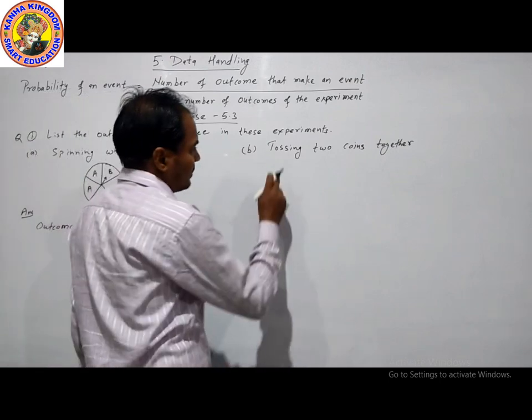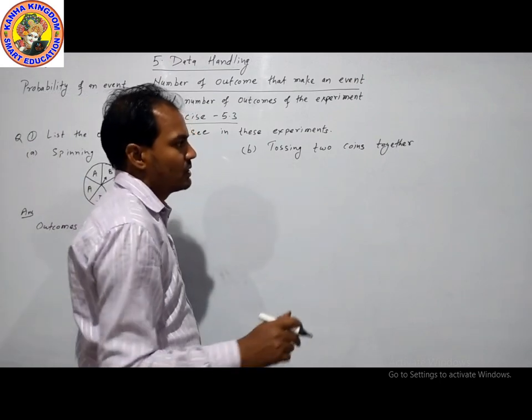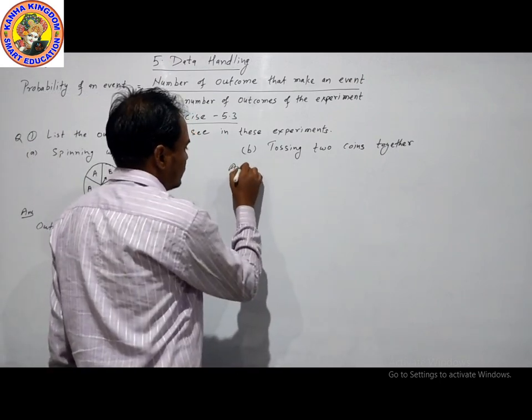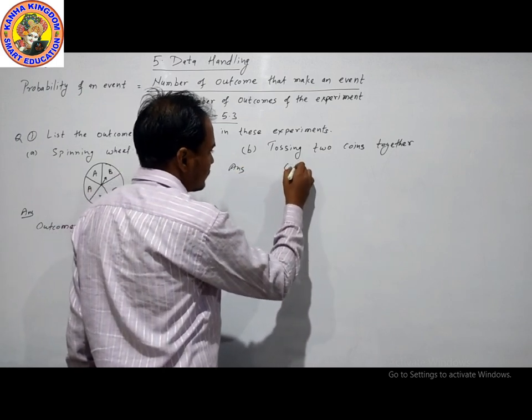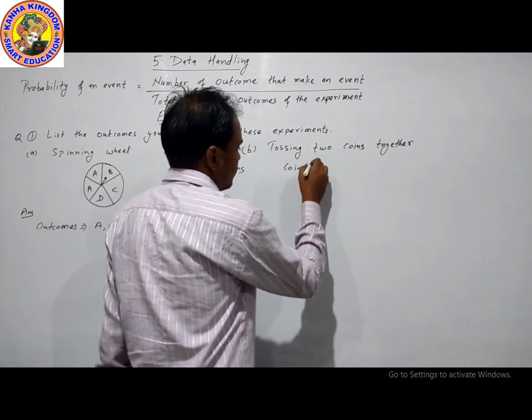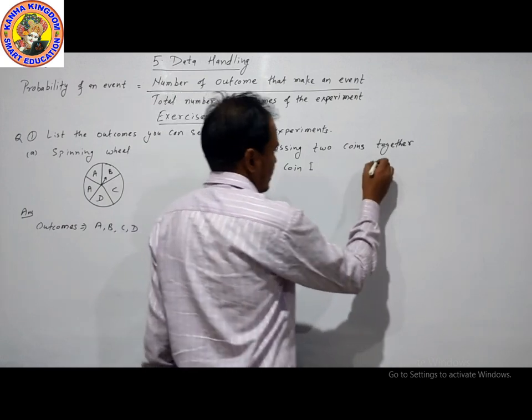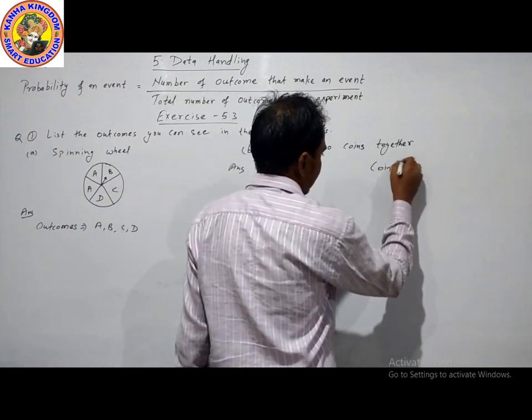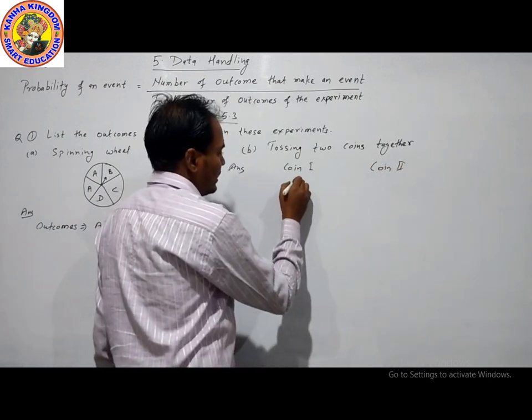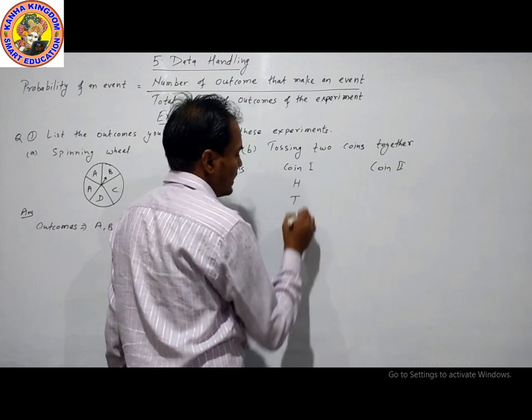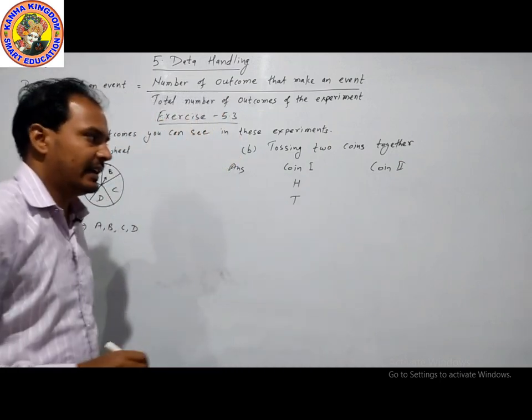Now the second one, tossing 2 coins together. This is our first coin and second coin. We know that in a coin there are 2 chances, head and tail.